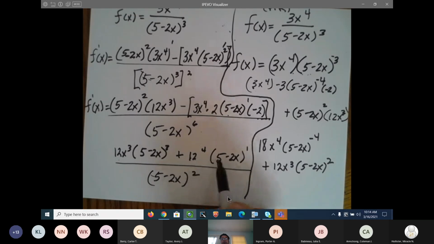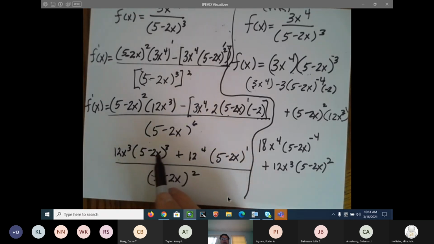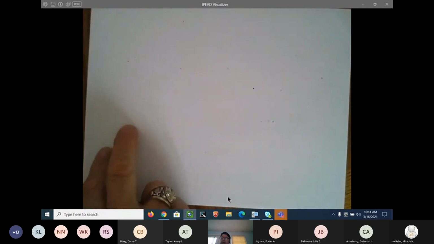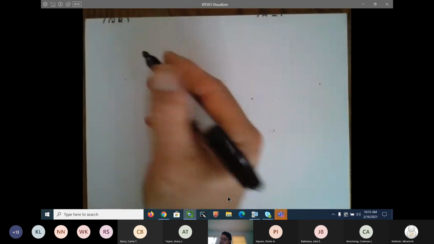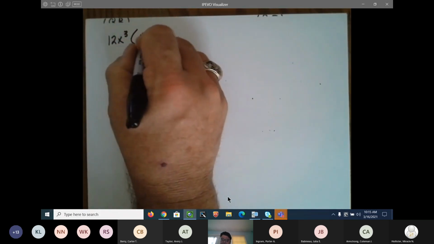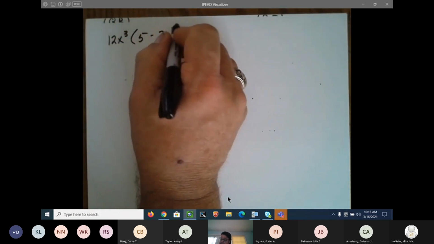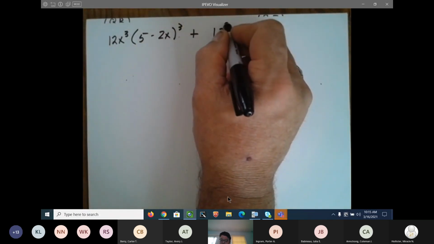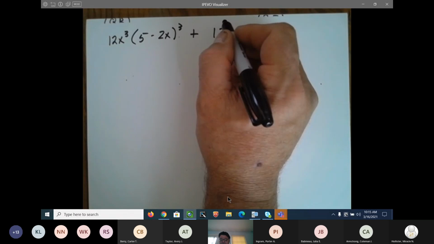You could actually distribute that here. This would be a total mess. Or you could, yeah, you could do this. I'm going to go to the next page. I'm going to rewrite everything. 12x to the third times 5 minus 2x to the third plus 12 to the fourth. Is that 12 to the fourth correct? It doesn't look correct.